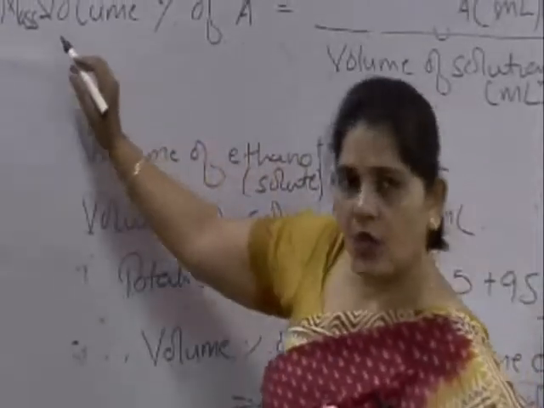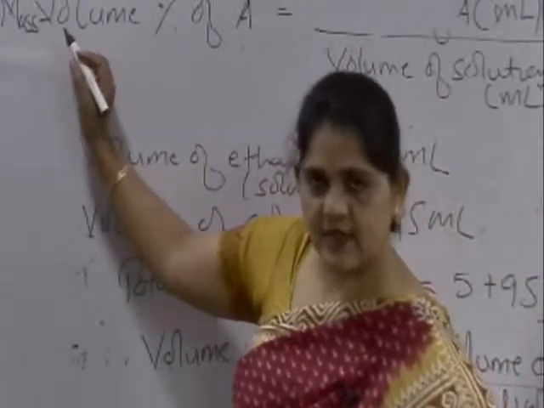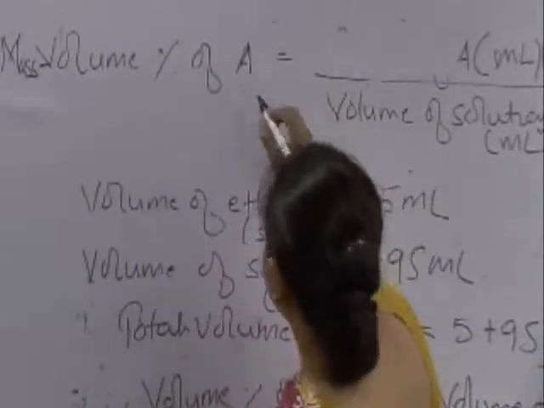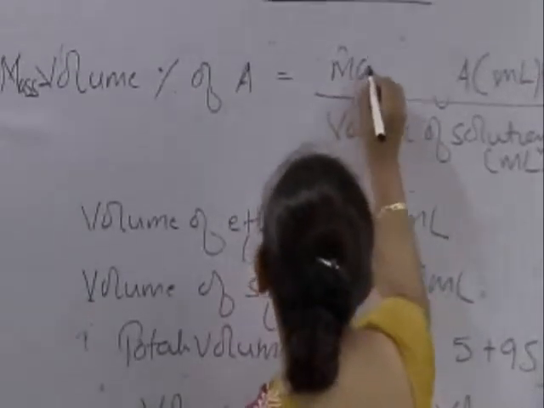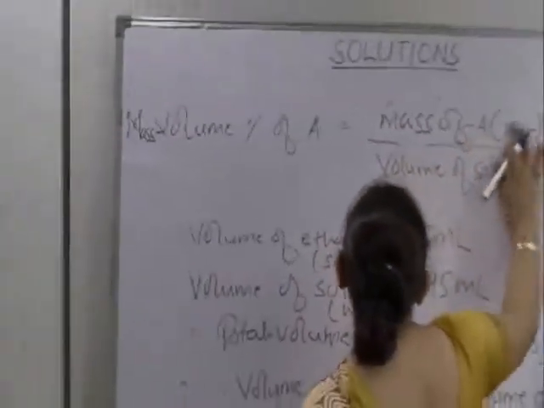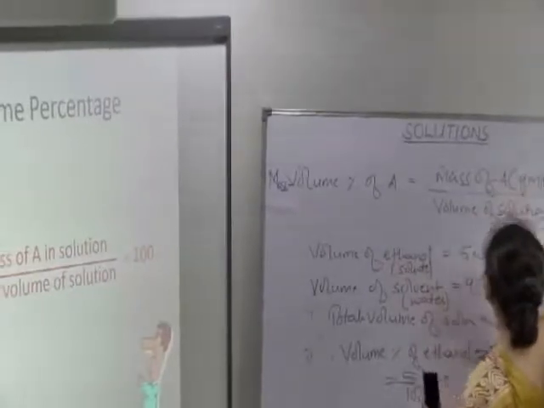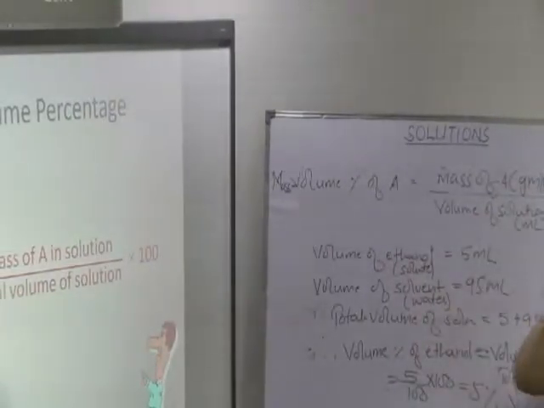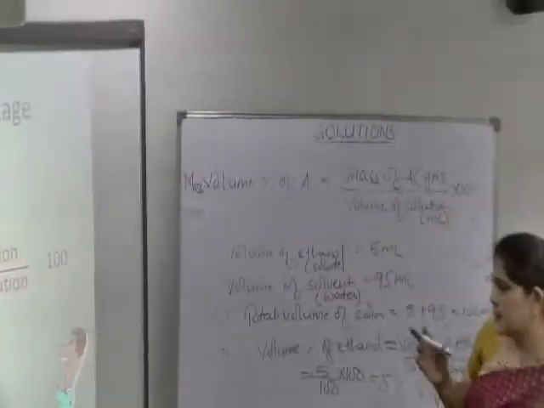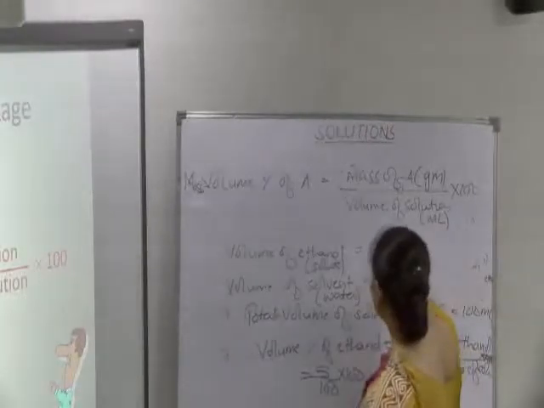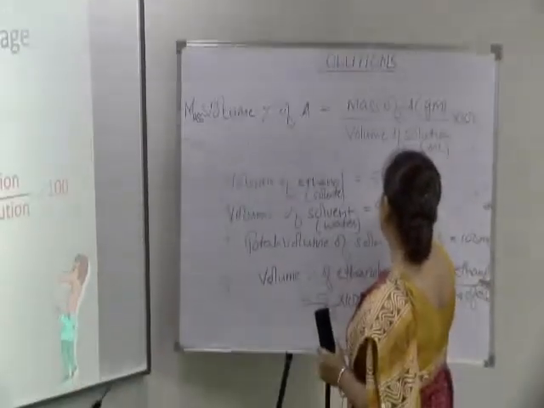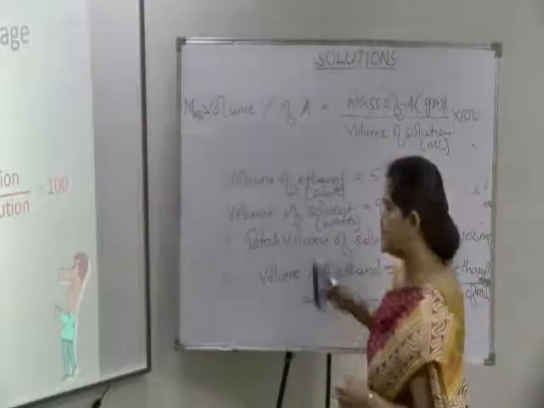That is the third method in the percentages. This will be equal to your mass of A in grams upon volume of solution in ml, into 100. Same example, if I want to take, I can say 5 gram and then you can proceed on.